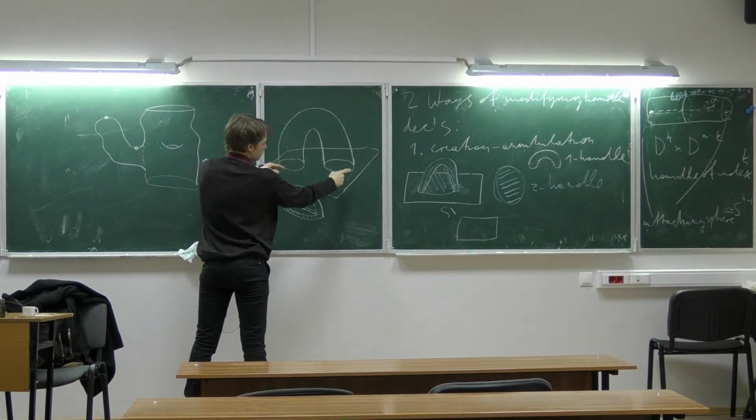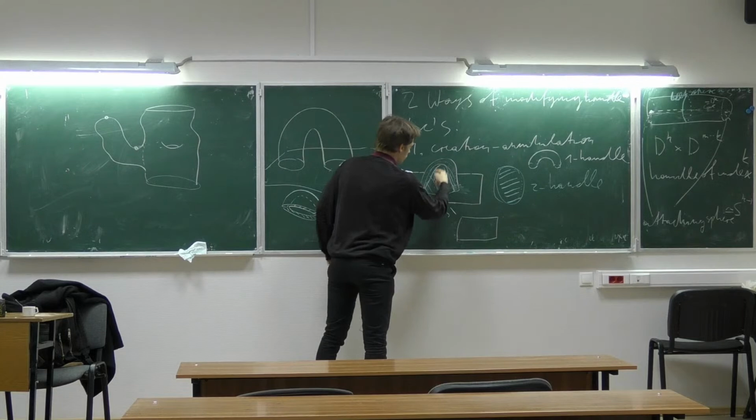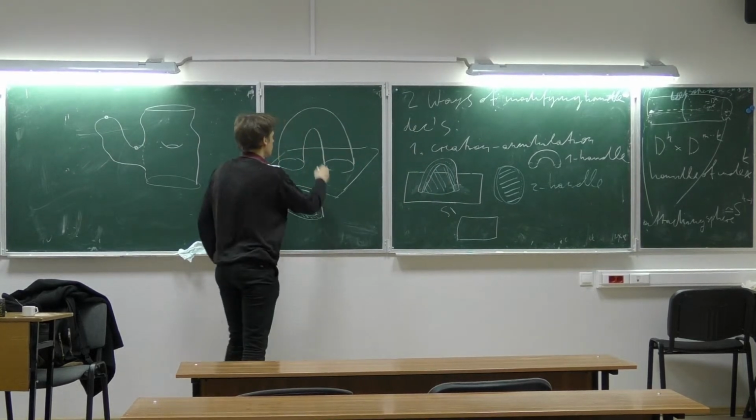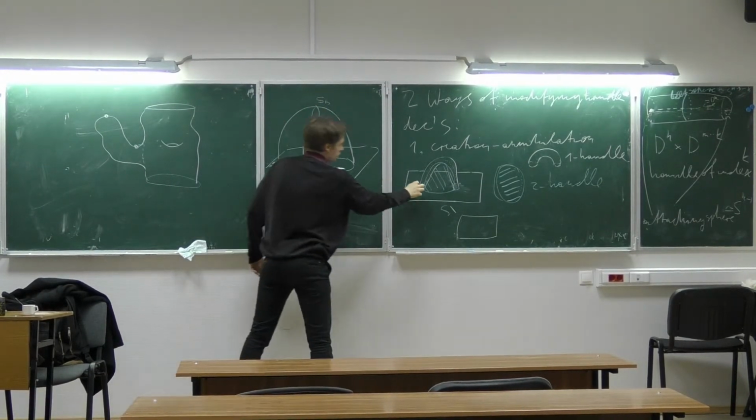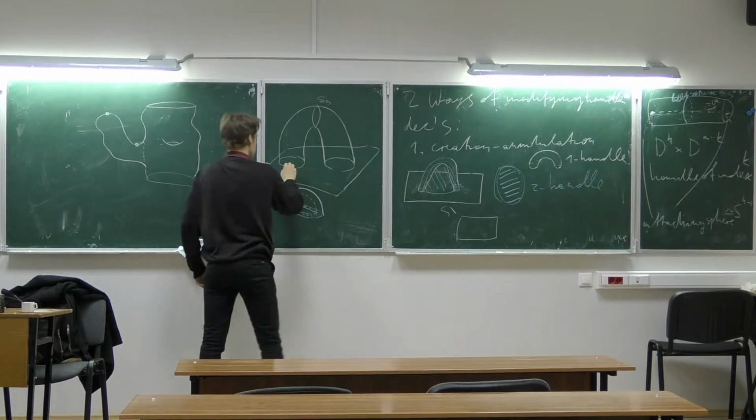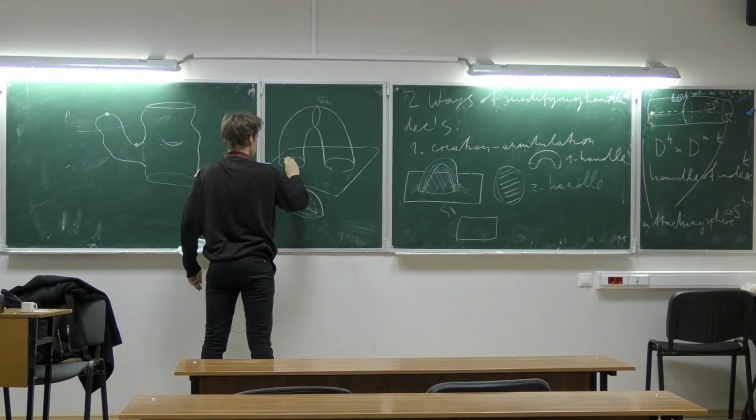Precisely what you want to do here is this: you have this belt sphere, and here you have a touching sphere that intersects this belt sphere.